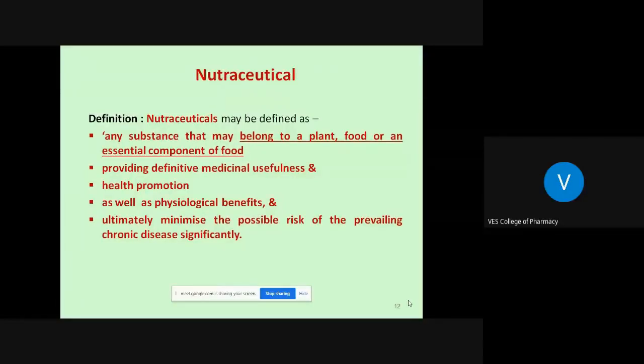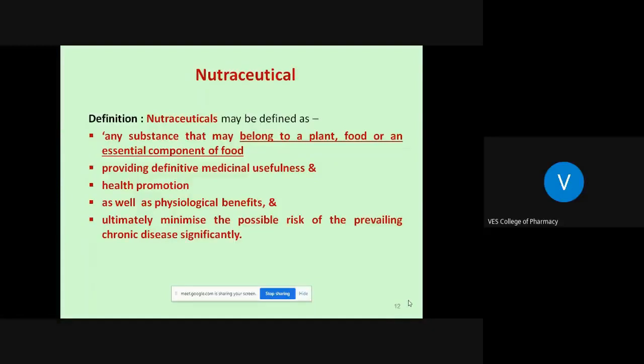Nutraceuticals can be defined as any substance that may belong to a plant, food, or an essential component of food, providing definitive medicinal usefulness, health promotion, as well as physiological benefits, ultimately minimizing the possible risk of prevailing chronic disease significantly. So nutraceuticals can come from plant origin.